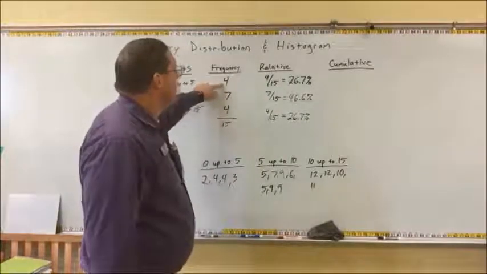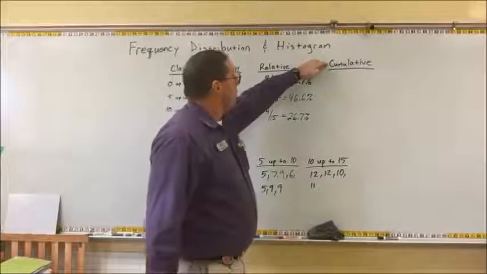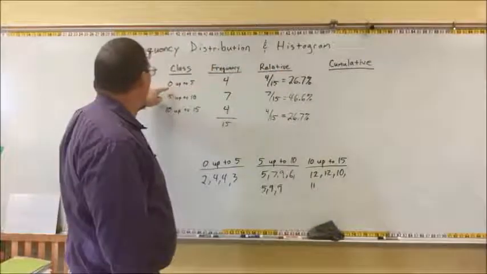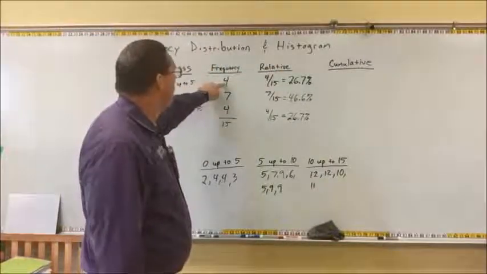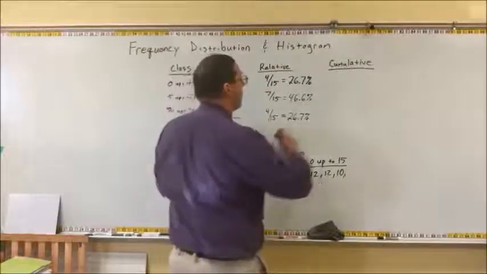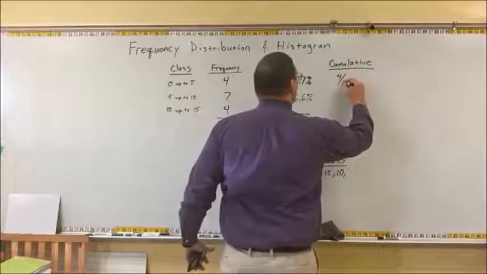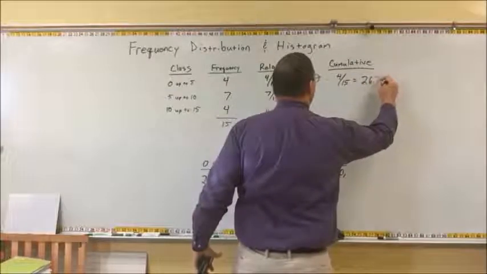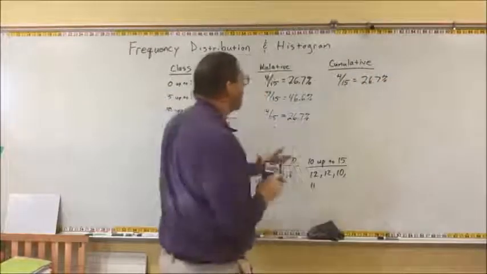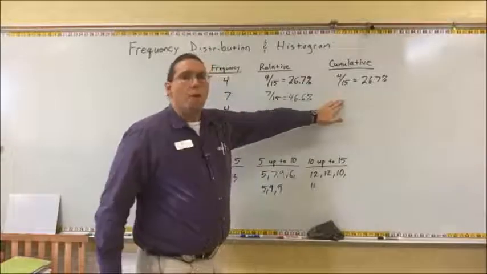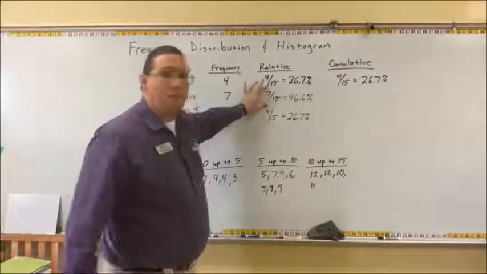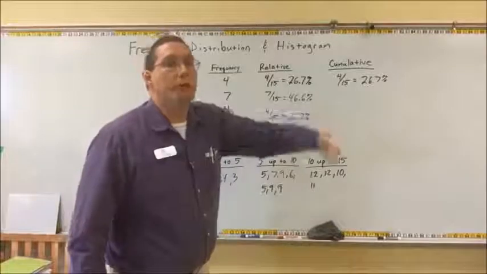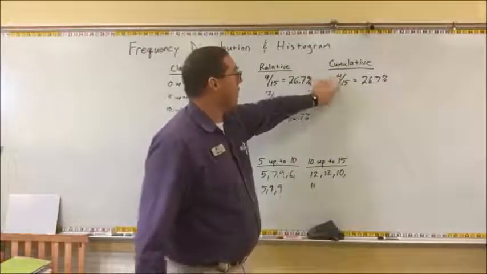So, starting at 0, how many are from 0 up to 5? 4. So we're going to say 4 out of 15, which we already know is 26.7%. Now, for the next one, we're going to do the 7 out of 15, but we're also going to include the 4 out of 15.